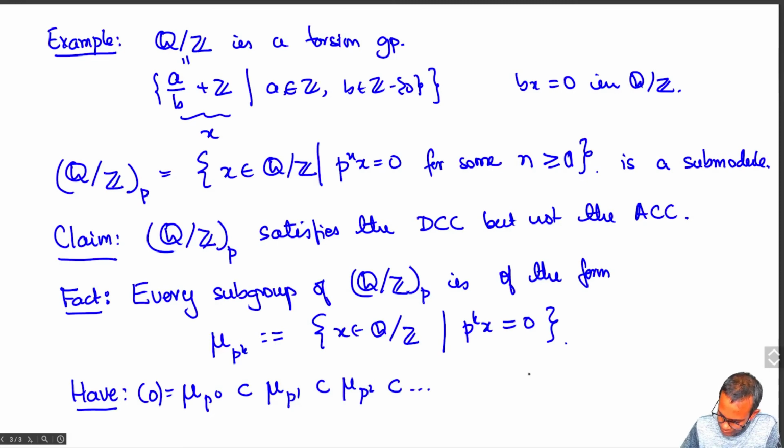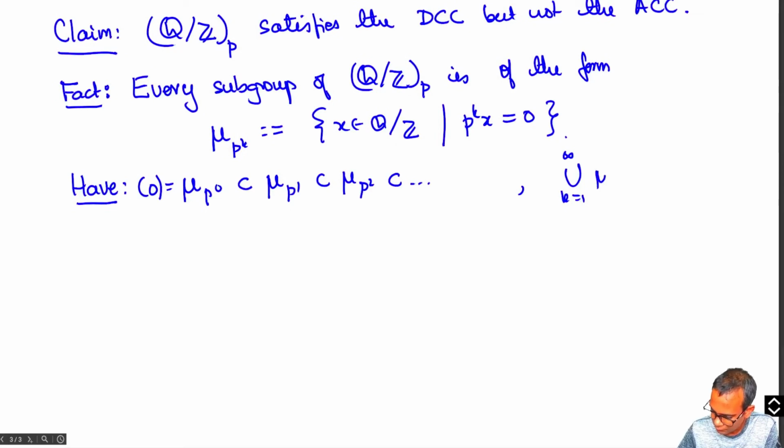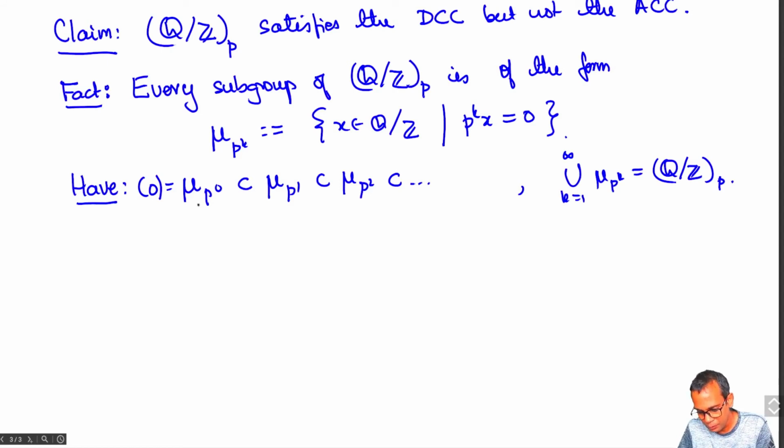And the union of these things is Q mod Z p. So all the subgroups of this group Q mod Z p form a single chain.